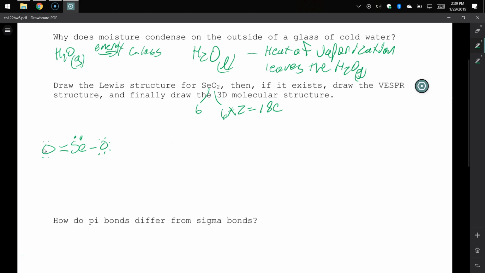The oxygens are still seeing 2, 4, 6, 8, and the selenium is now seeing 2, 4, 6, 8, and this other oxygen is still fine, seeing 2, 4, 6, 8. That was just me miscounting when I was trying to count up the electrons.